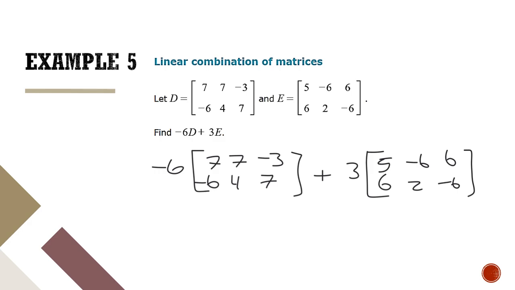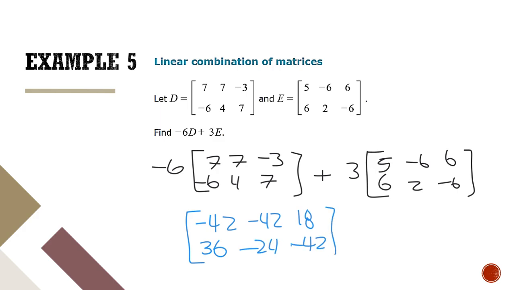So I'm going to rewrite this as -42, -42, +18, +36, -24, and -42 again. And then we're going to add this next matrix of 15, 18, -18, +6, and 18, and -18. That was a 6 there.